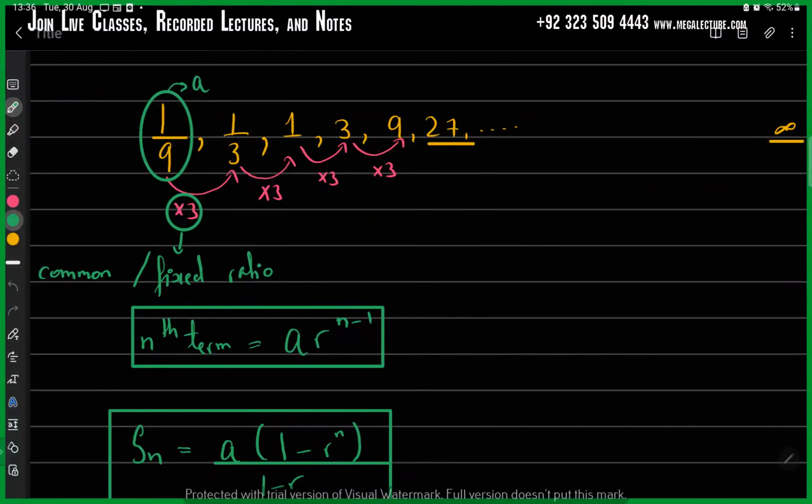If you have infinitely many terms, the last term is going to be infinity because we do not have any point to stop. We are multiplying every term by 3. So this is a case where we use this sum formula. The examiner would give you a specific number and you will have to add terms for that number only.